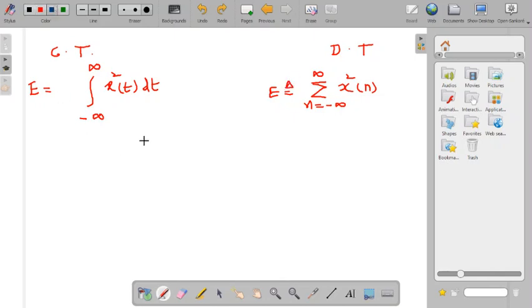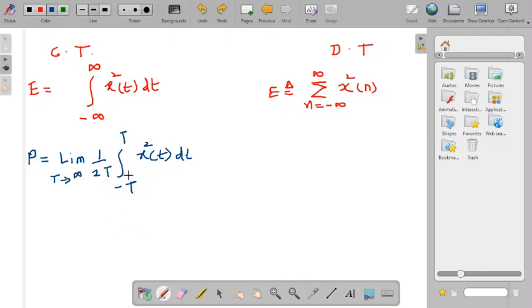Okay, so if we go for power, then the equation for power is given by P equals the integration of x square t dt, and limits are from, let's say, minus T to plus T. And we are dividing this by a base, that is 1 by 2T, and we are taking a limiting case as the limit T tending to infinity.